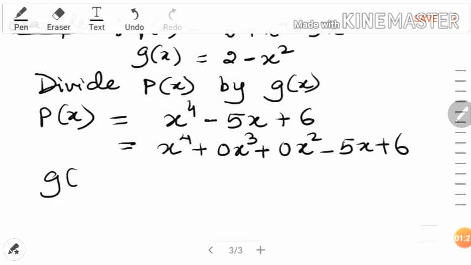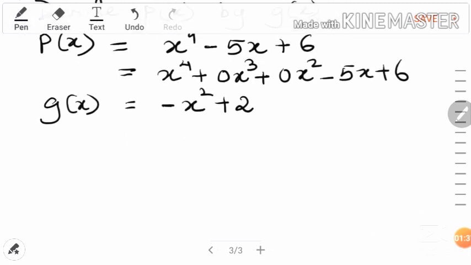Then writing g of x. So rearranging the terms, writing the term with the highest power first, so minus x square plus 2. Now once we have done this, we can start dividing the polynomial. So minus x square plus 2 is the divisor.